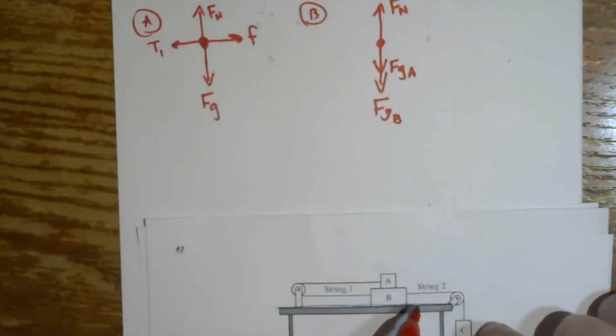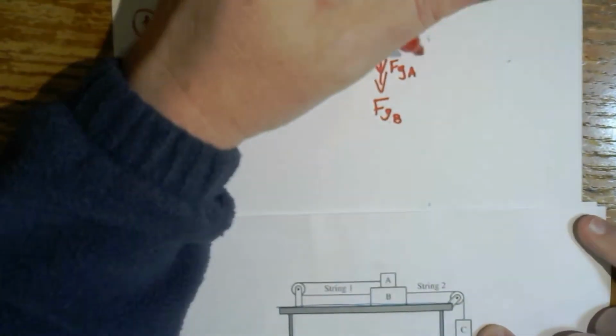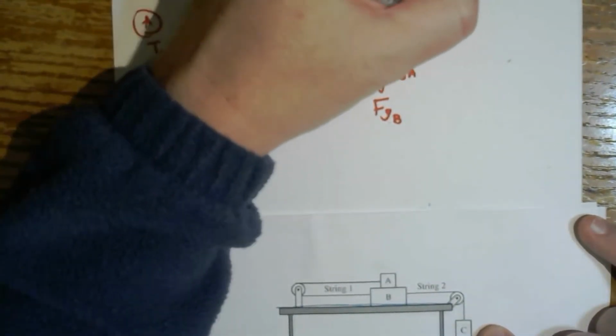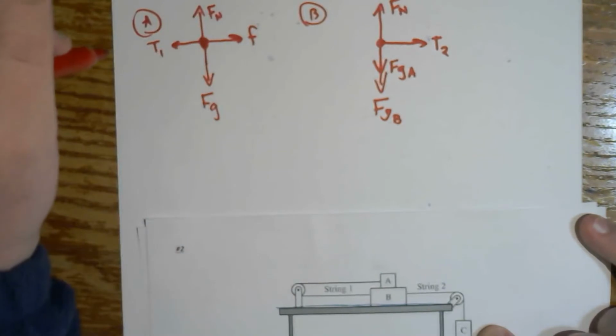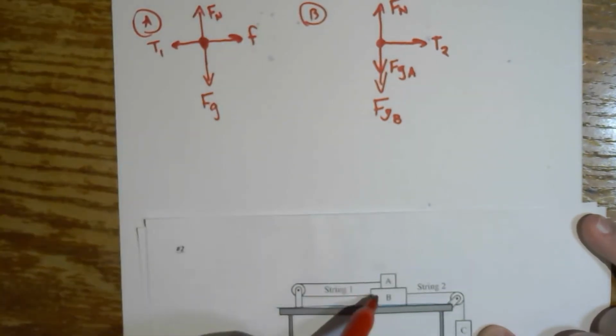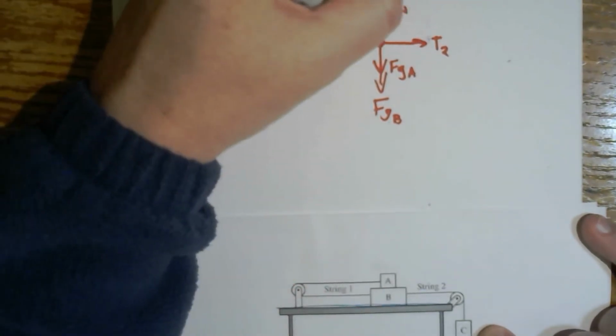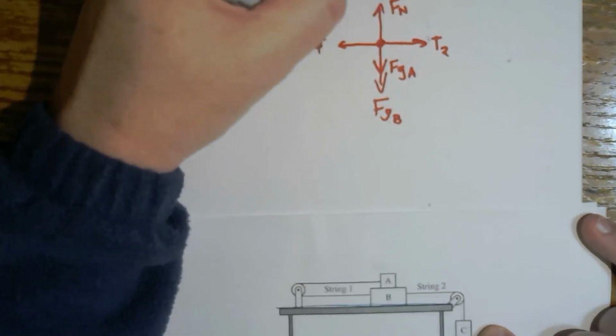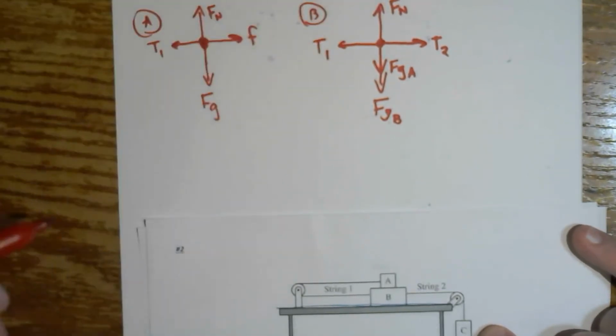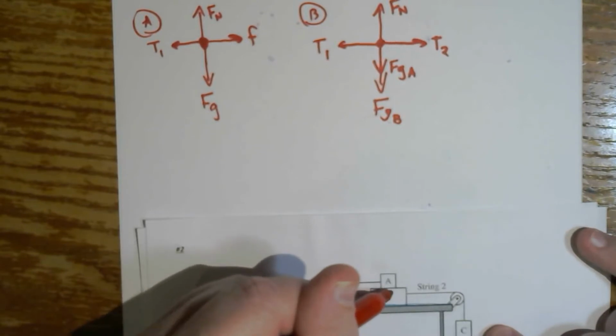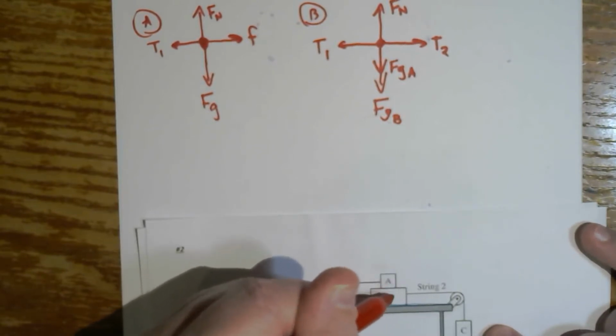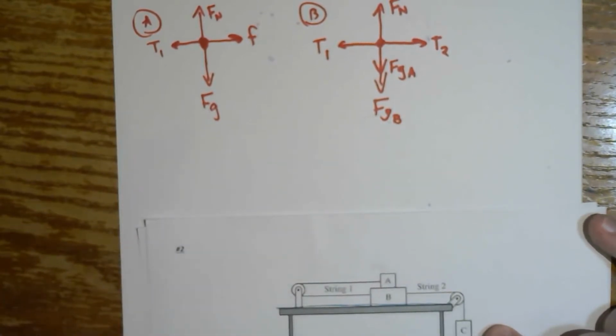Now, if you look here, there's tension in the string to the right, and I'll call that tension number 2. And then you've also got string number 1 also pulling, but it's pulling to the left, and that's tension number 1. And there's actually one more force, and that's the friction between block A and block B. So you've got to say, which way is that friction pointing?